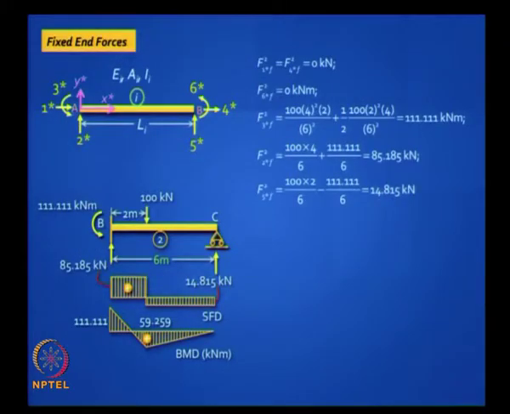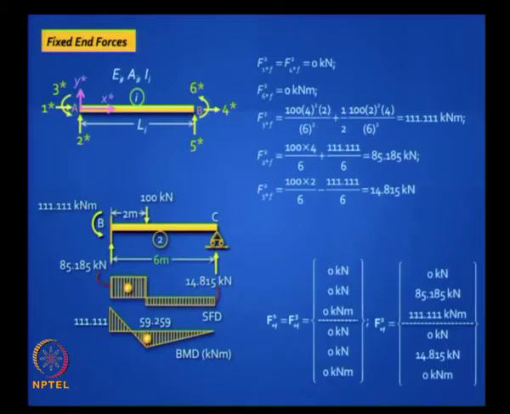Yes, we do, because if you recall, at C now you have a hinge. So it's a propped cantilever you have to do. I think we know how to calculate the fixed end moment for a propped cantilever. You are familiar with this, we have done this kind of problem earlier. So find out the fixed end forces and then work out the fixed end force vector, and then what do we do next after this?